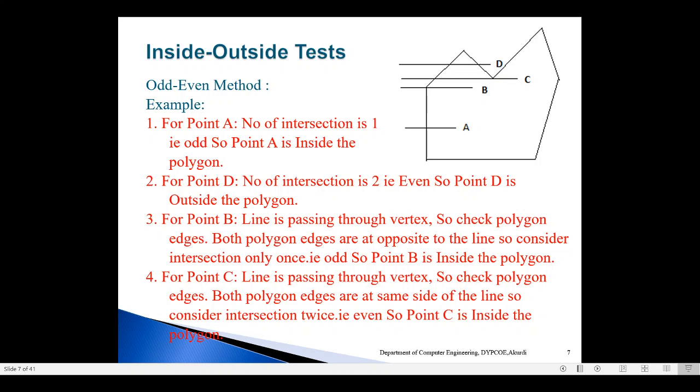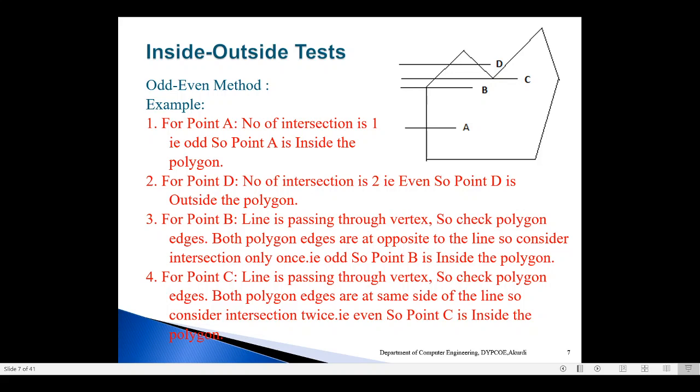We have to just check intersection points. If number of intersection is odd, point is inside. If number of intersection is even, point is outside. But if scan line is passing through the vertex, then we have to consider special cases. And accordingly, we need to find the intersection points and we have to take decision. So this is what about the odd even method.